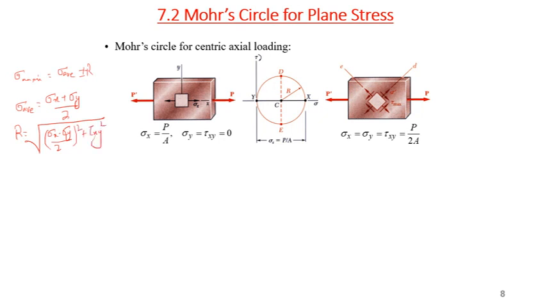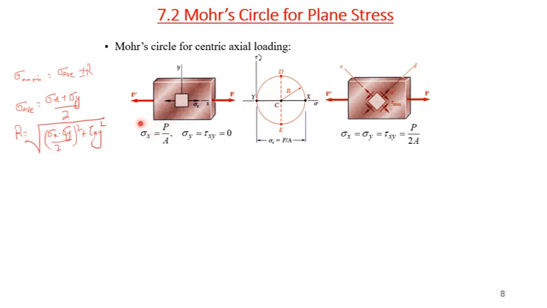Now in this case we have sigma x as P by A, but sigma y and tau xy are 0. So average will be simply what? Sigma x by 2, right? And the radius will be equal to, sorry, sigma x by 2.